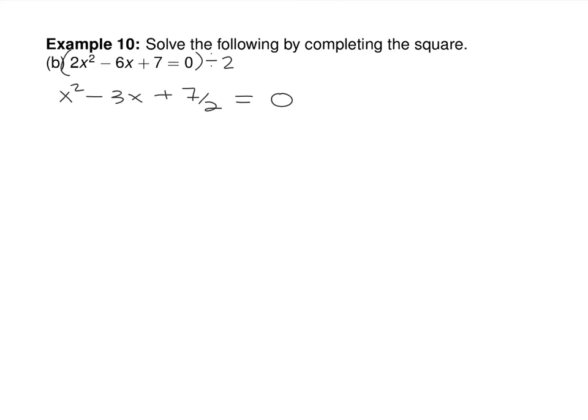Now move the 7 halves to the right. X squared minus 3x equals negative 7 over 2.